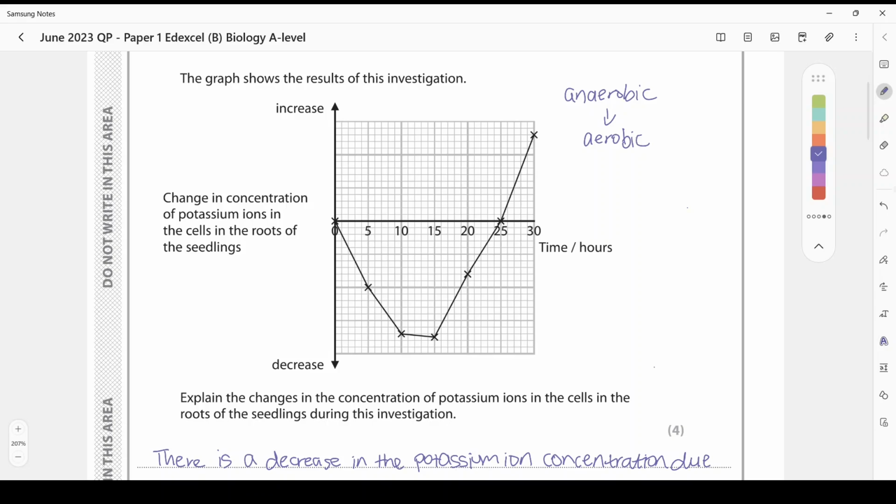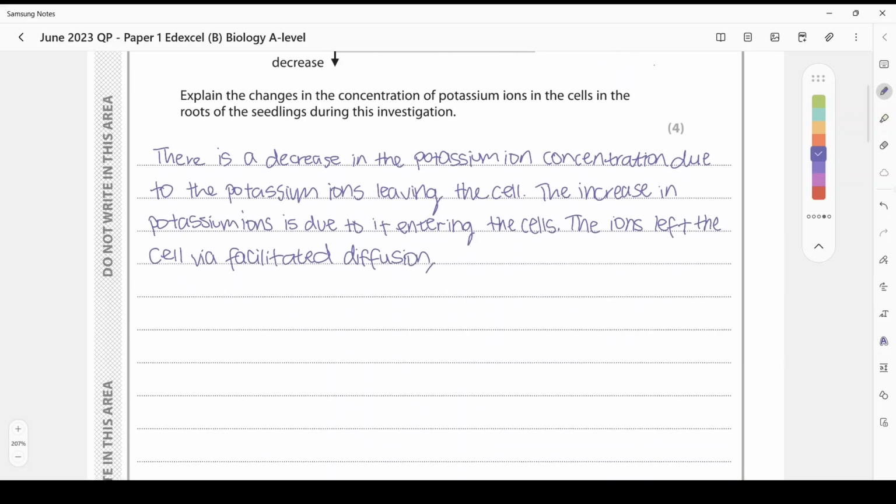So in the second 15 hours, you see that it is increasing. And in the second 15 hours, aerobic respiration occurred, which means that this mode of transport must have relied on energy, on ATP, via aerobic respiration. So that means that in order for the potassium ion concentrations to increase, it must rely on active transport. So let's write that down.